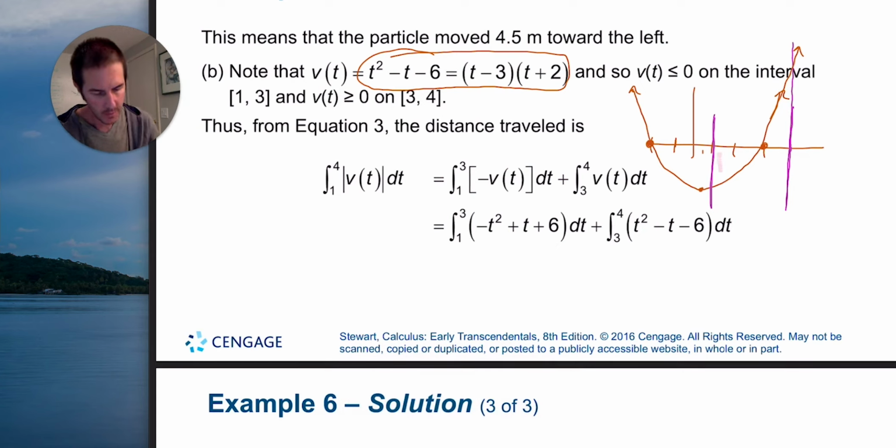Which means there's this area in here, which is negative. If we just evaluated the integral, that would end up giving us a negative result. And then there's this second area over here from 3 to 4, which would give us a positive area.